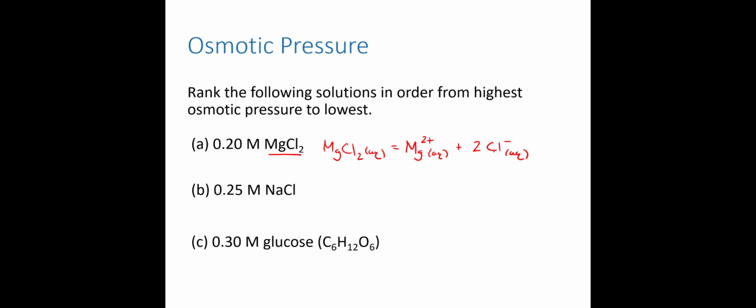It gives us 3 particles for every 1 mole that dissolves. So the true molarity of the ions is actually 3 times the starting molarity. So it's 0.20 molar times 3. So it's 0.60 molar.